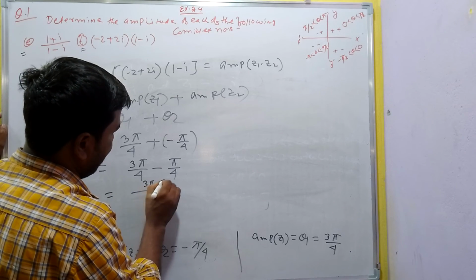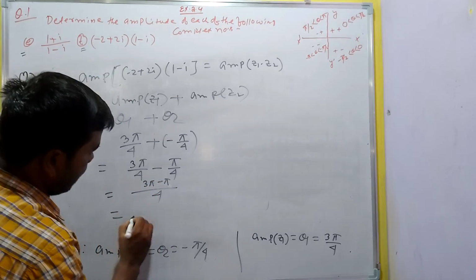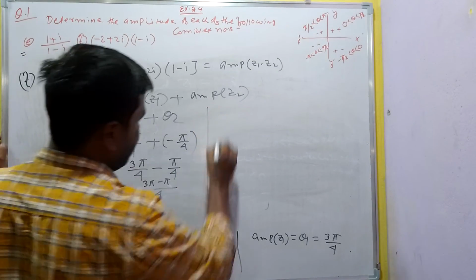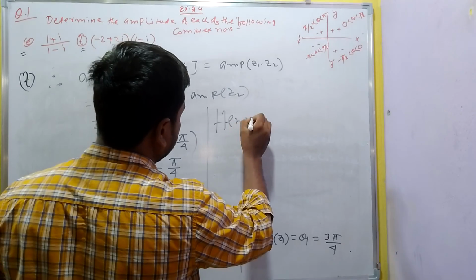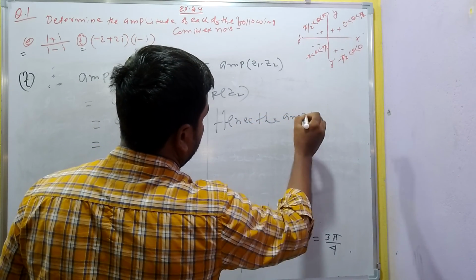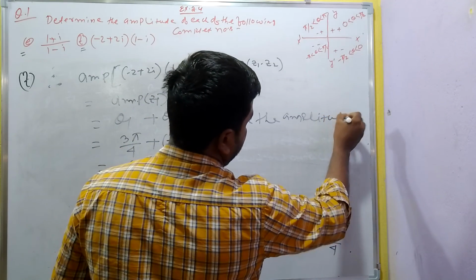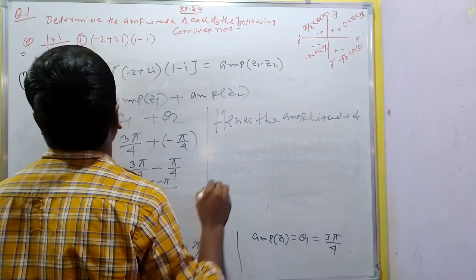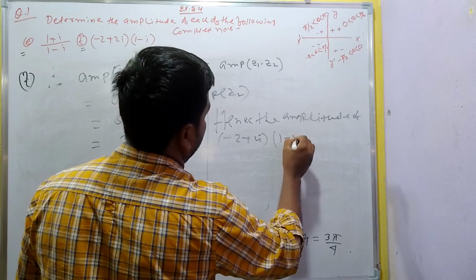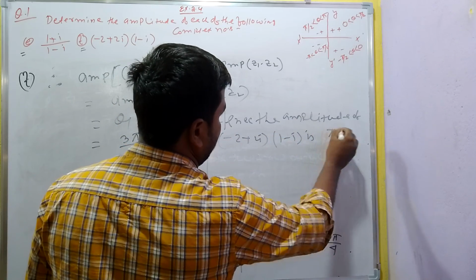So 3 pi minus pi, then you can see twice pi by 4. Hence the amplitude of (minus 2 plus 2i) of (1 minus i) is pi by 2.